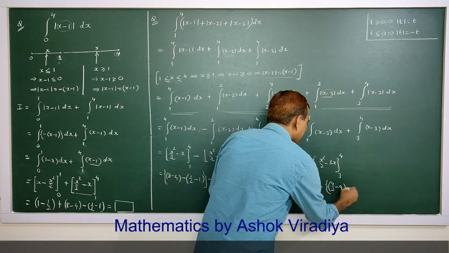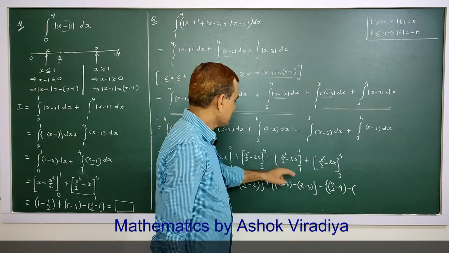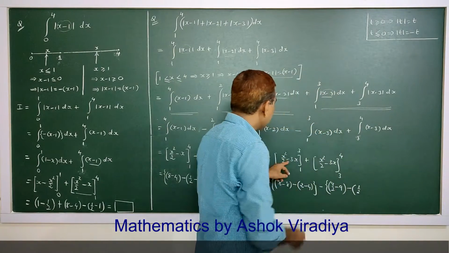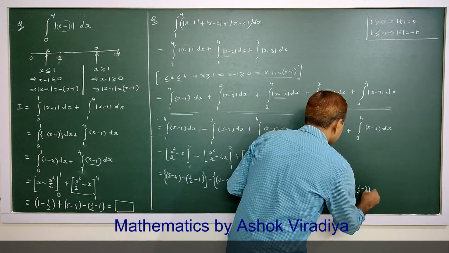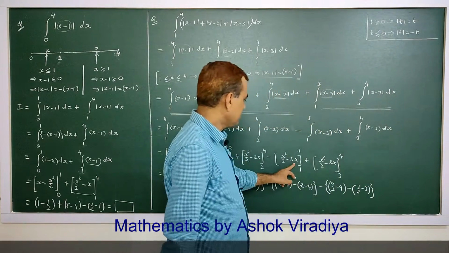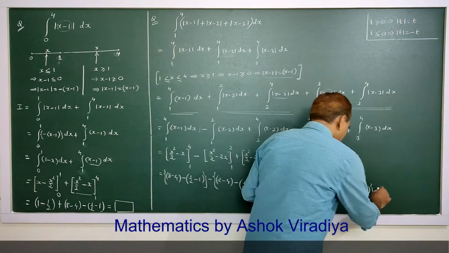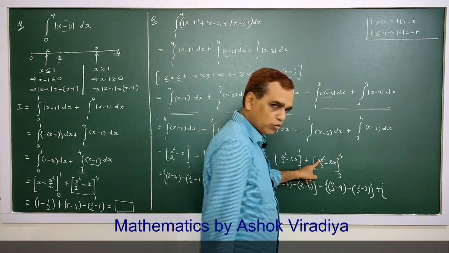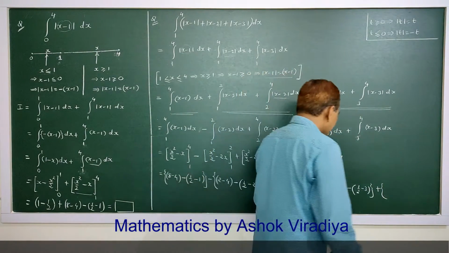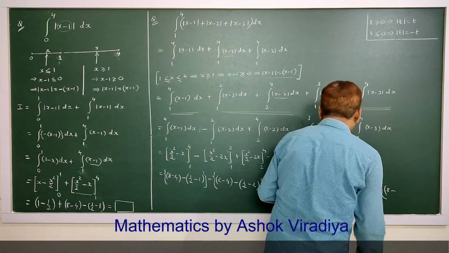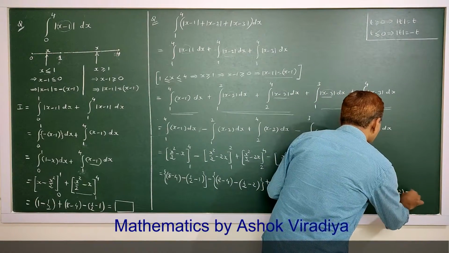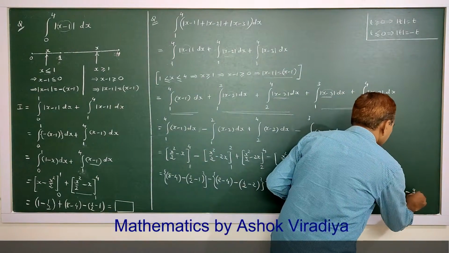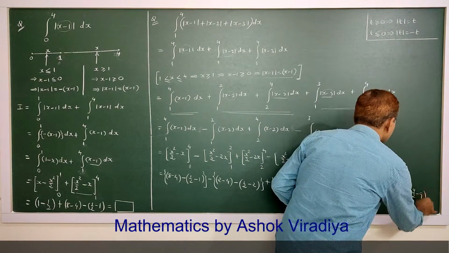Upper limit taken minus lower limit, 1 by 2, putting 1 here, 1 by 2 minus 3, then plus, putting here 4 square 16 by 2 is 8 minus 12 minus 3 square is 9 by 2 minus 9.